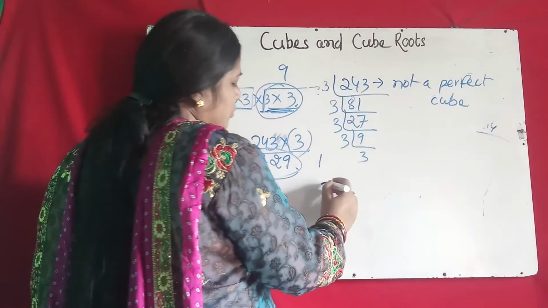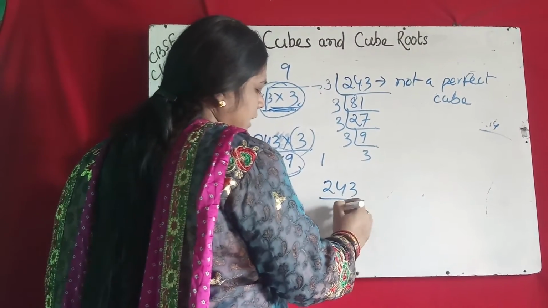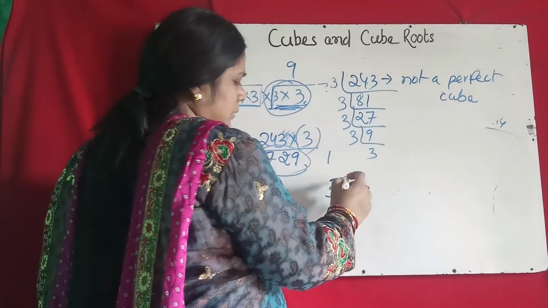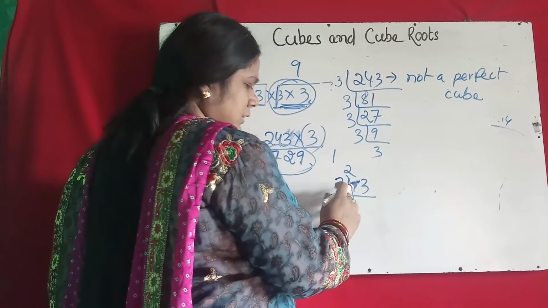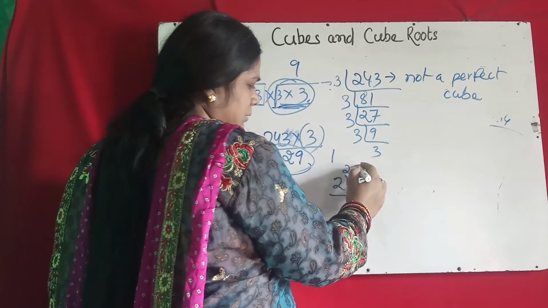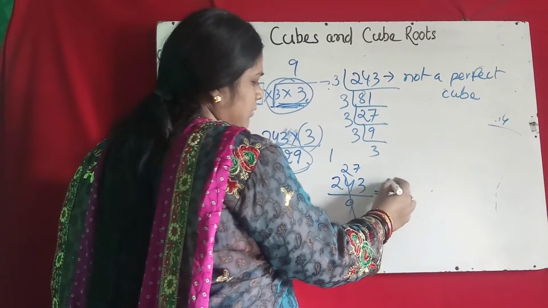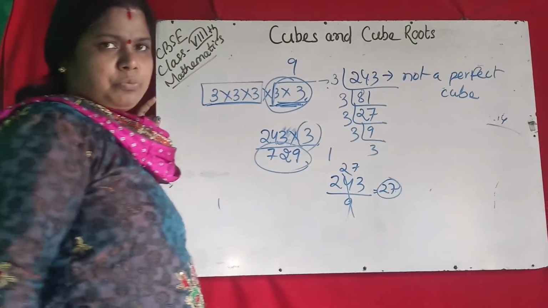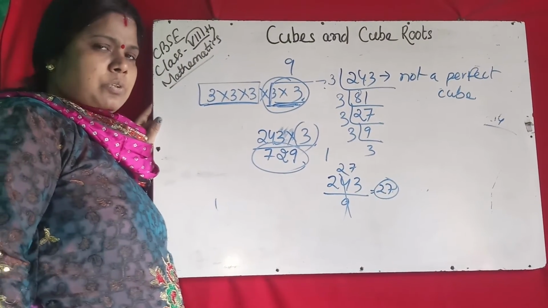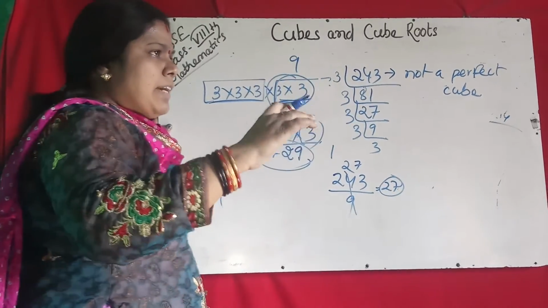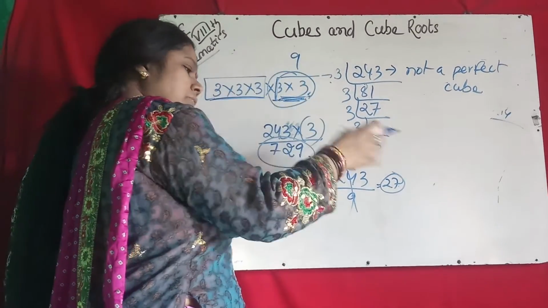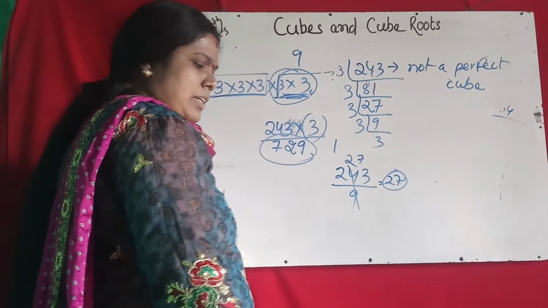So 243 divided by 9: 9 twos are 18, 9 sevens are 27. So 27 will be the perfect cube. Multiply means you multiply the extra number needed; divide means you divide by the extra number, and you will get a perfect cube.